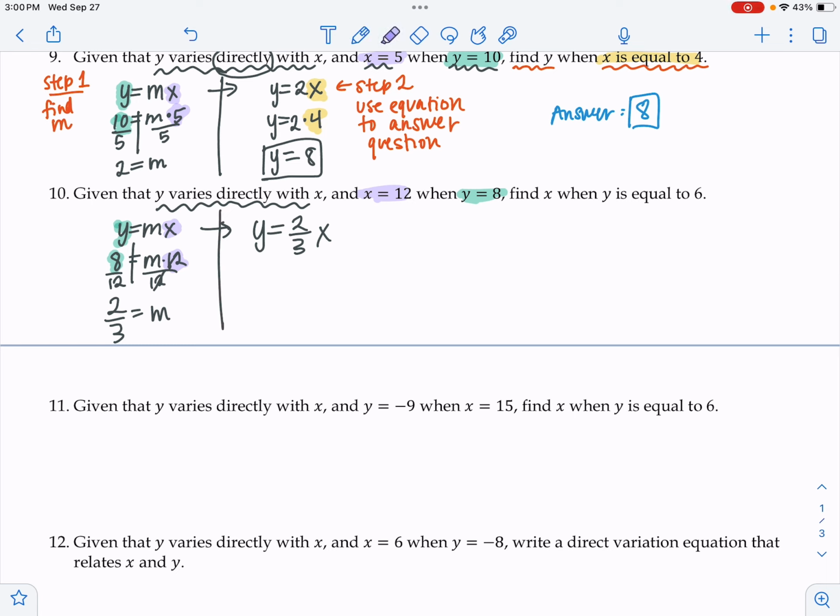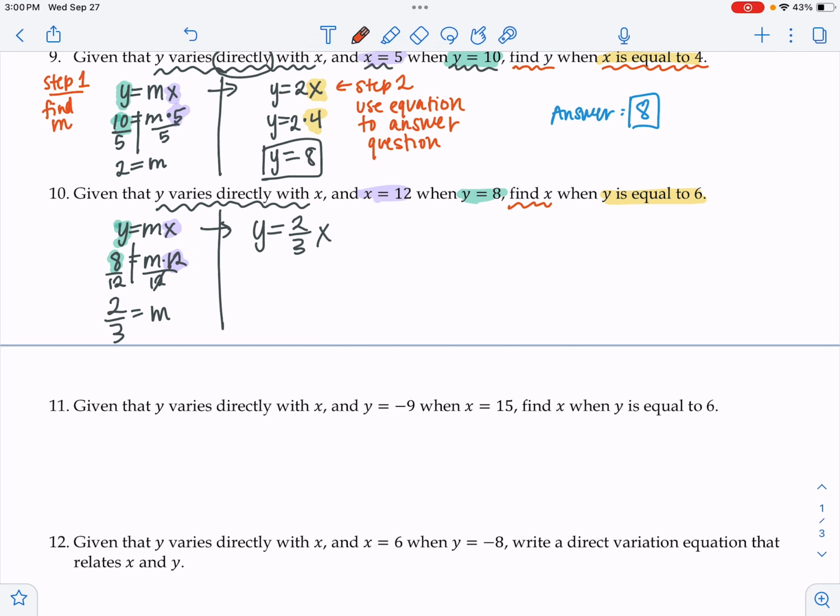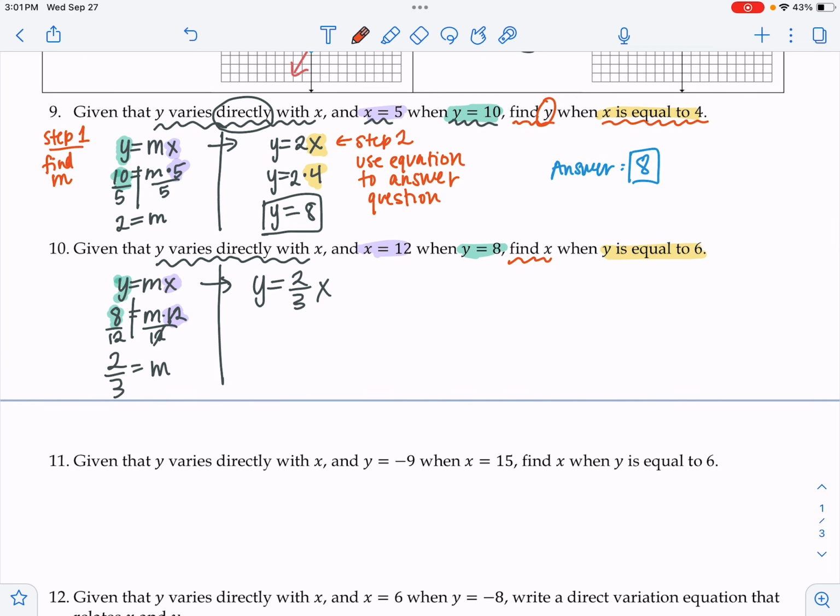Now we're ready for our question. It says find x when y is equal to 6. So this is the opposite. This time we're finding x. First time we were finding y. This time we're finding x.